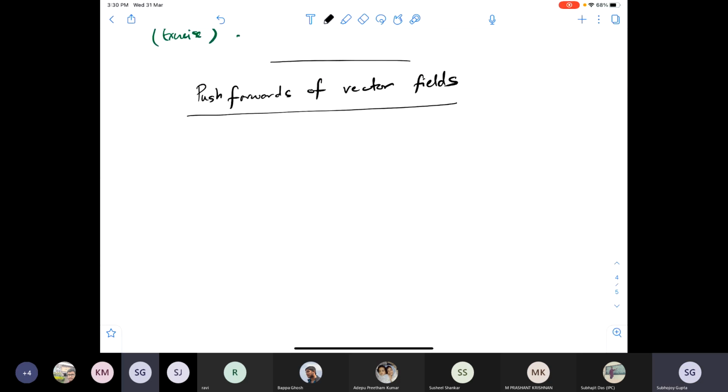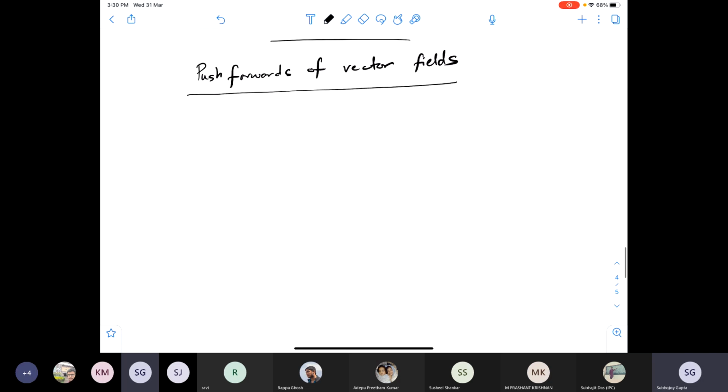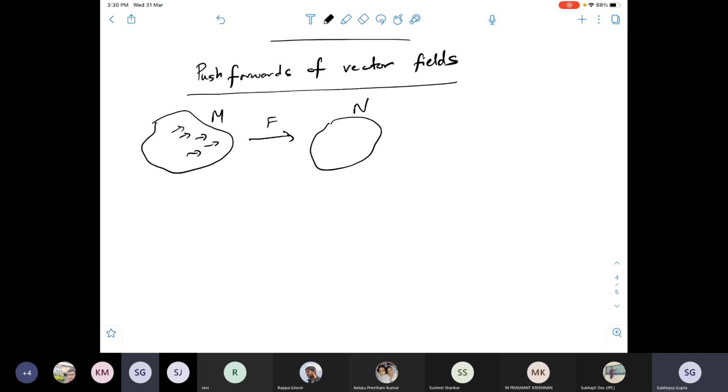All right, so push forwards of vector fields. How does this go? So what do you want to do, really? Suppose you have a map F between two smooth manifolds, and suppose I have a vector field here.